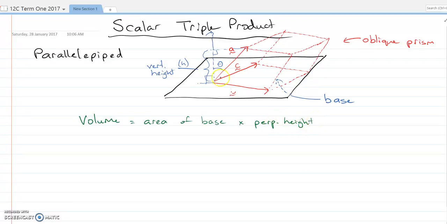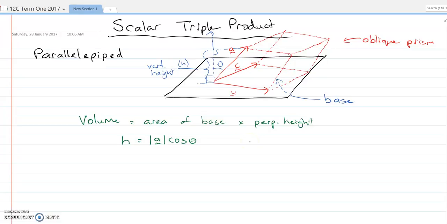Okay, now this vertical height h that I have, if I look at that triangle and I use my trig rules, it's going to be the magnitude of vector A times the cos of that angle. That'll give us the perpendicular height.